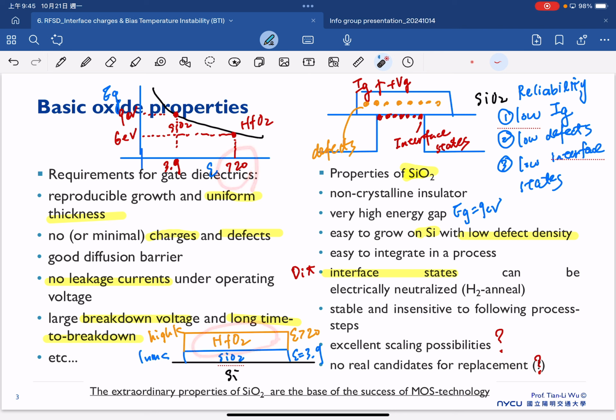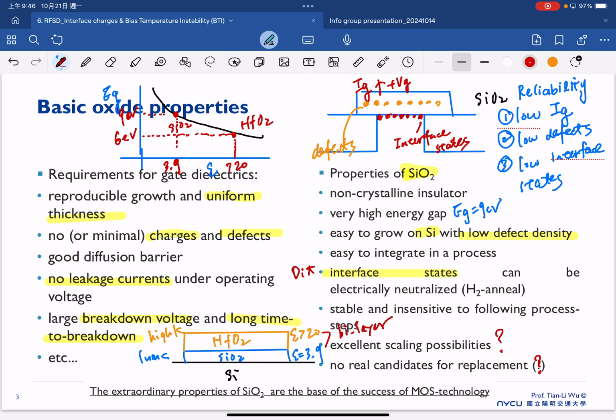That's why in today's technology we very often have what we call a bilayer. That means we combine the conventional silicon dioxide and another high-K material deposited on top of the silicon dioxide, so that we can combine both features of these materials.